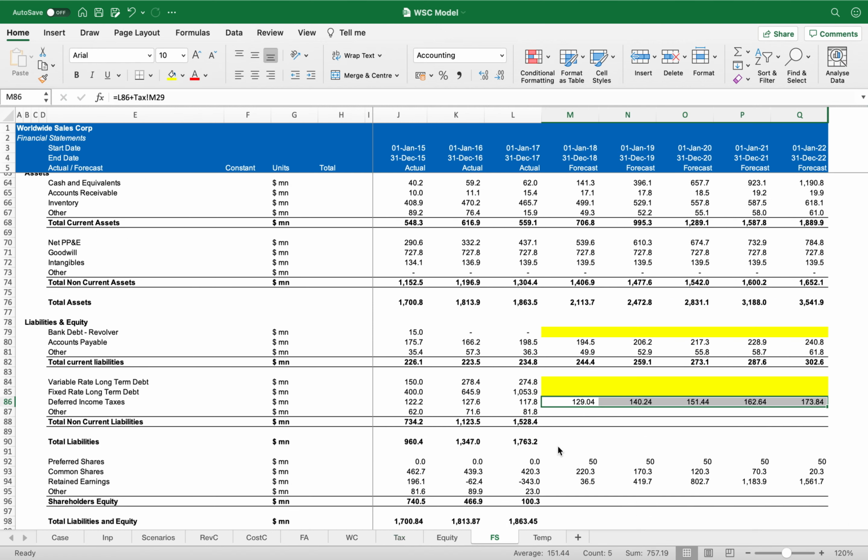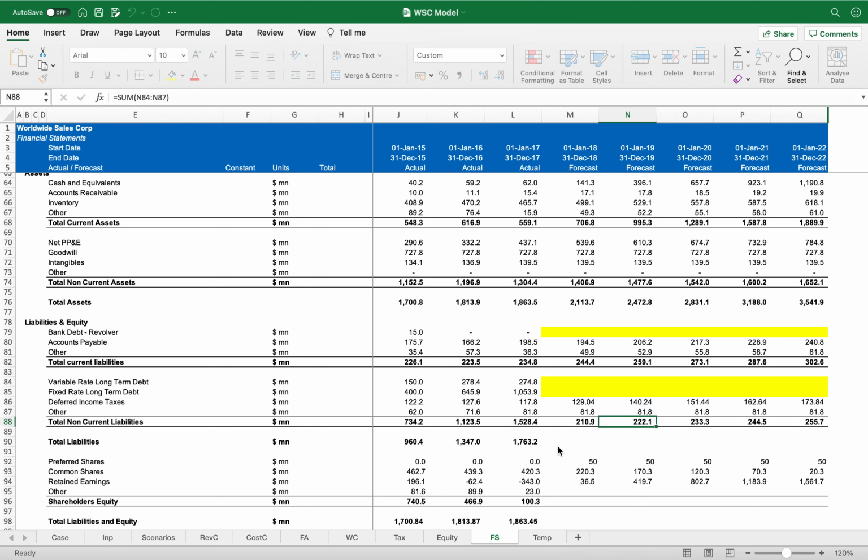Alright, and just copy this across. Do this. Then other non-current liabilities, again let's take it as a constant value and just fill in the formulas.